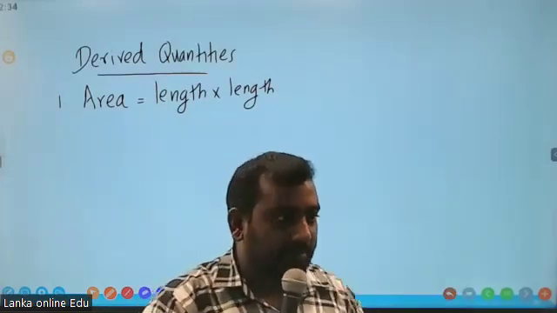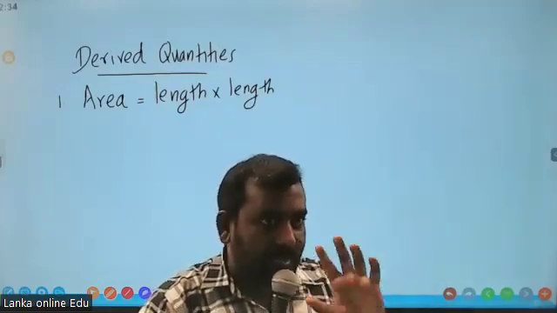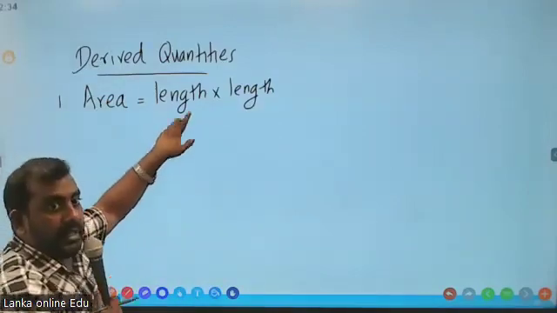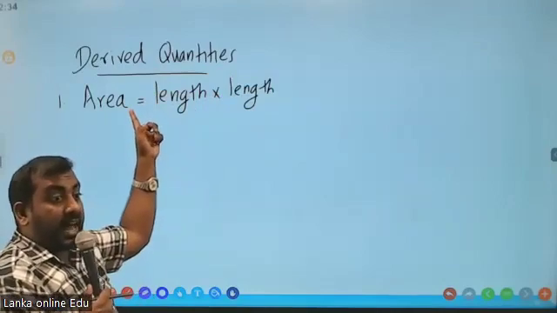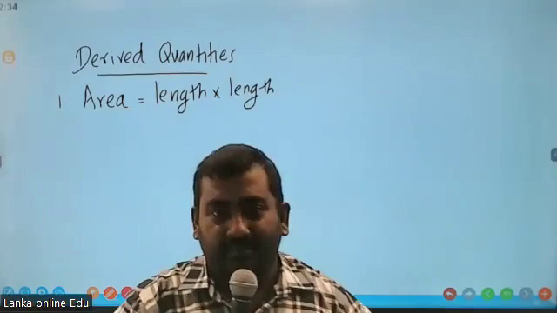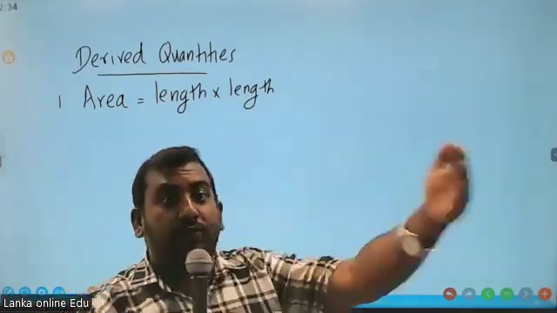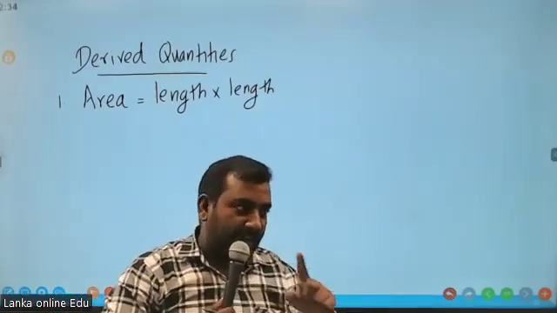Mass is fundamental, length is fundamental, time is fundamental. Just remember those 3 for now. Using fundamental, I have made a derived quantity. So area is a derived quantity, because I'm using fundamental quantities to make a new physical quantity.